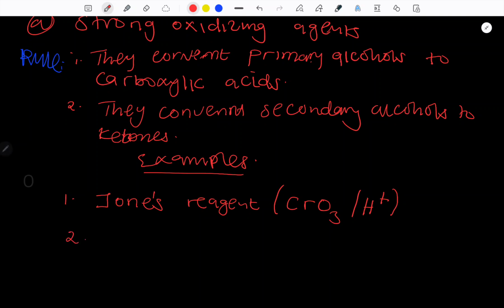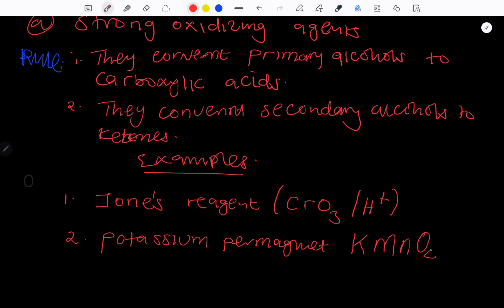Number two, potassium permanganate is also a common strong oxidizing agent. It is KMnO4. It is also used in acidic media, H+.